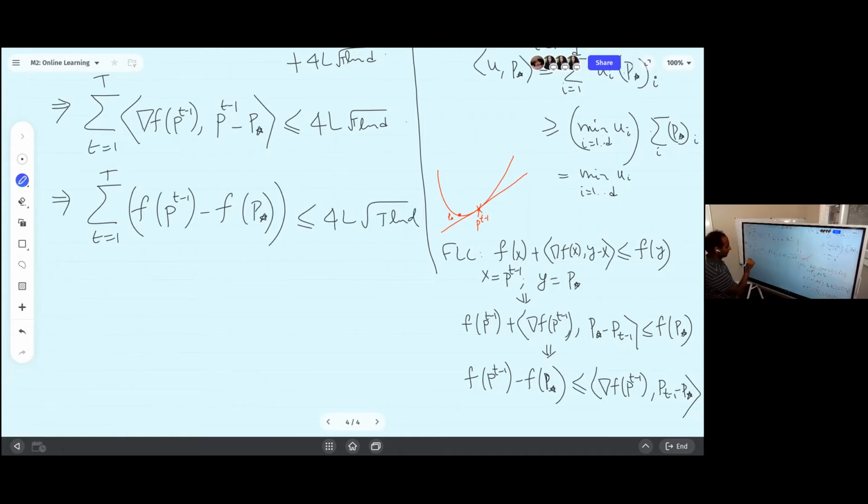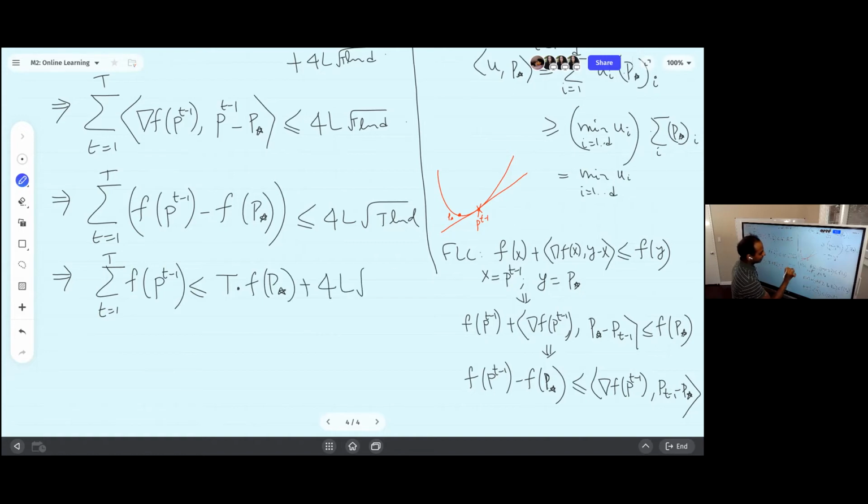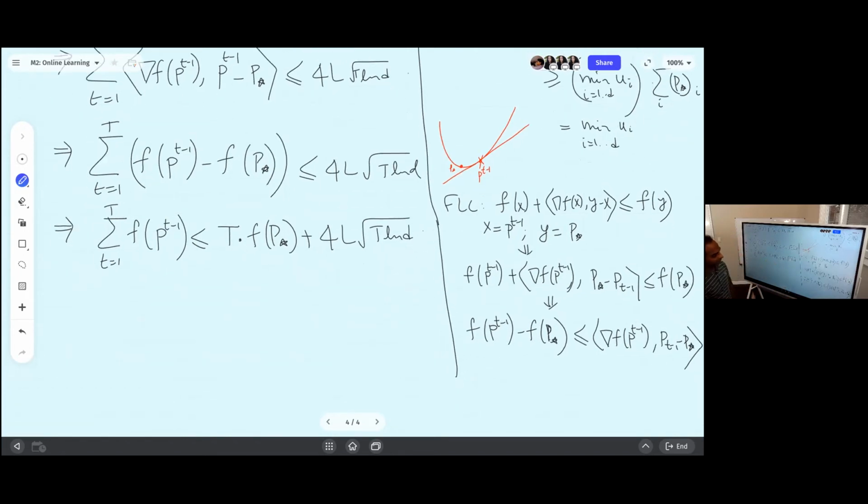So if I rewrite it, I get the sum of the function evaluated at all my iterates is at most T times the global optimum plus some additive term. Now, we saw something similar to this in the analysis of gradient descent, where instead of getting a bound on the function value at a single point, we get a bound on the sum of function values.